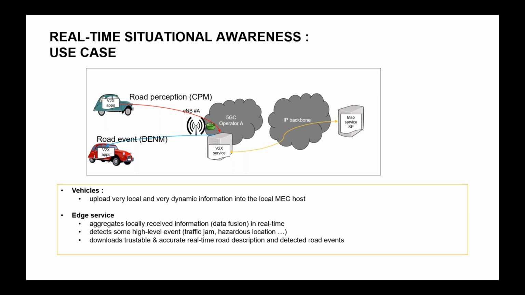It could be very dynamic, like a bicycle or a vehicle around you. And this edge service will analyze and consolidate all the information received from the different vehicles and download back trustable and real-time contextual information, like hazardous locations, traffic jams, accidents, or whatever you want. This is the use case.